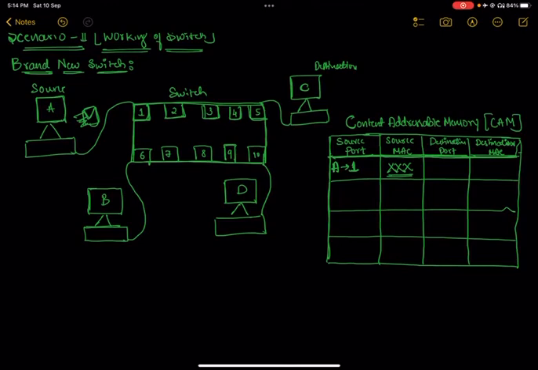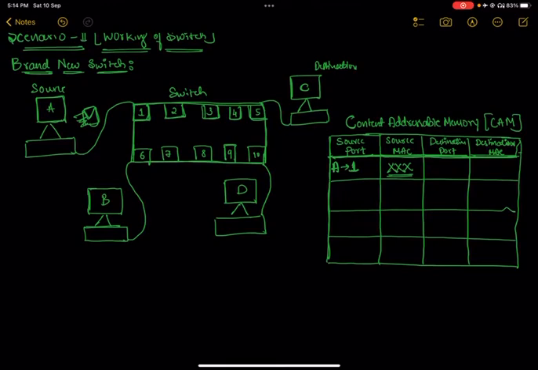Even A, which is our source, doesn't know to which port our destination is connected. And as this is a brand new switch, our switch also doesn't know to which port which machines are connected, because as I mentioned earlier, this is a brand new switch. I have not configured anything, I just connected my devices.